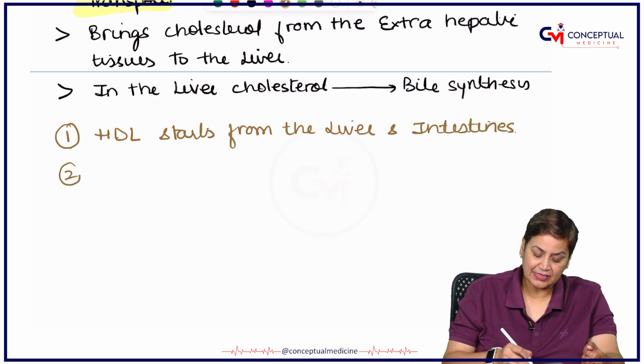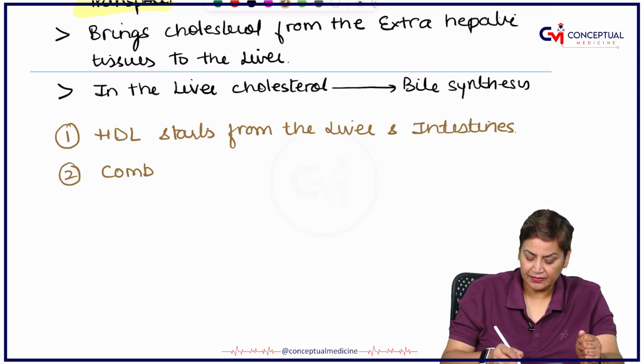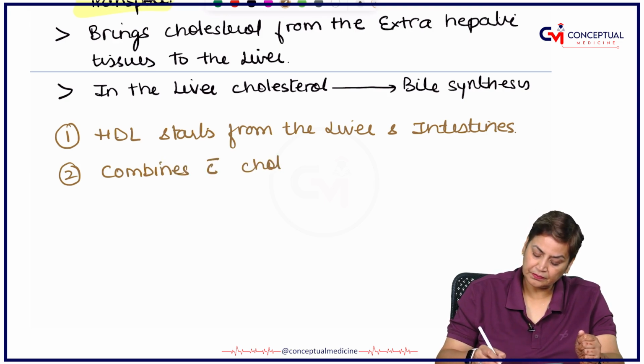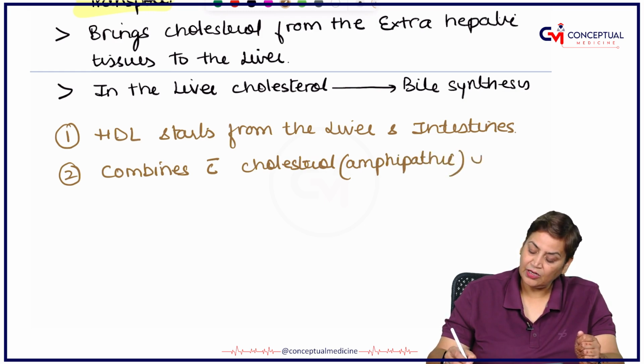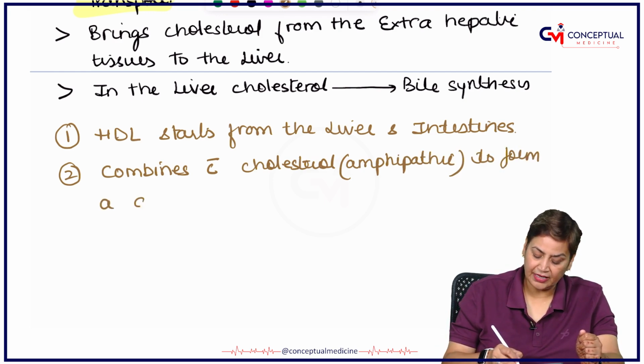So what happens is it combines with cholesterol. And cholesterol is amphipathic. This is the most important point to remember. Cholesterol, which is amphipathic, forms a discoidal HDL.